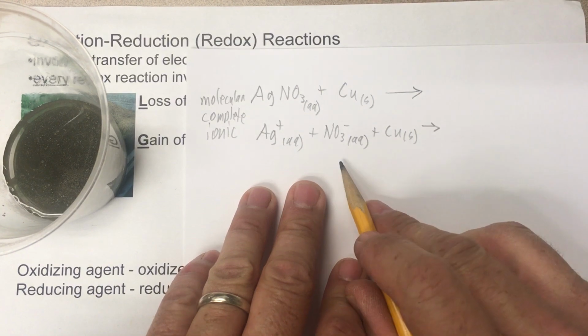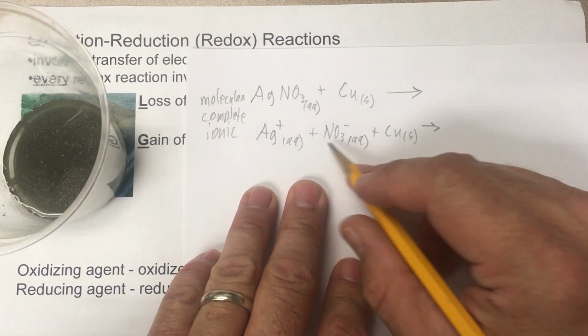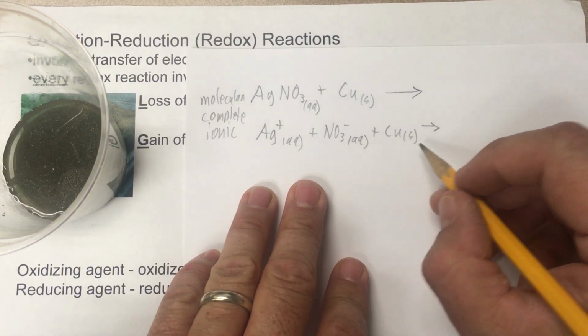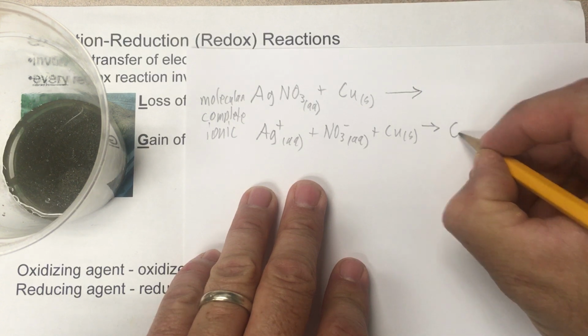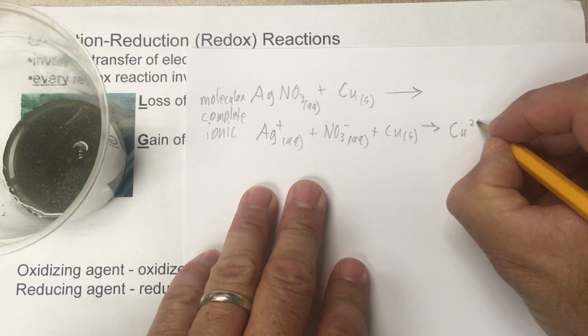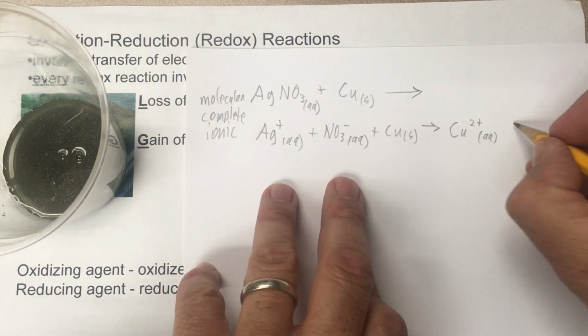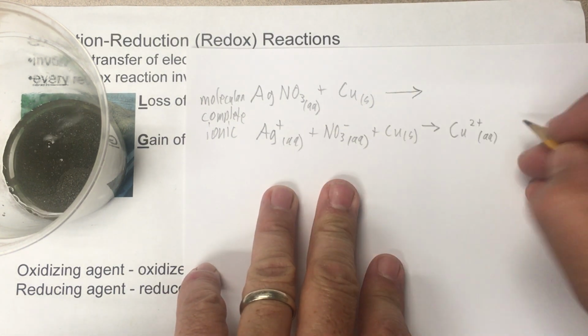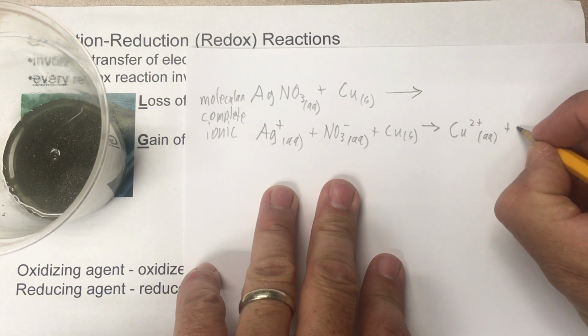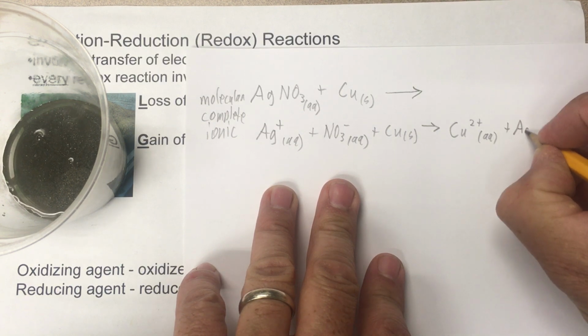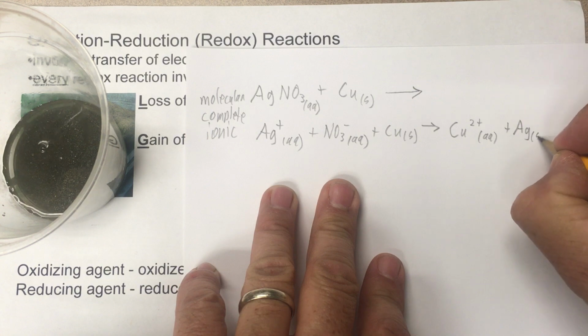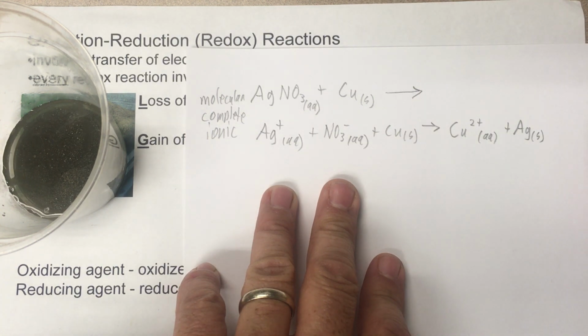And what's actually happening here is the copper is getting oxidized to produce copper(II) ions, okay, and the silver is getting reduced to produce solid silver metal. And the nitrate ions really are just spectator ions.